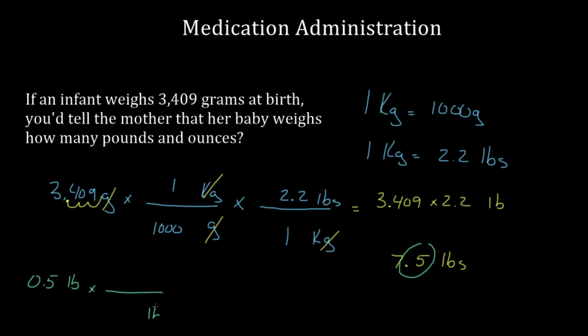So we're going to put our pounds down on the bottom, our ounces on the top, and for every 1 pound there's 16 ounces, so our pounds go away, and half times 16 is equal to 8, so that's 8 ounces. So you would tell the mother that the baby weighs 7 pounds and 8 ounces.